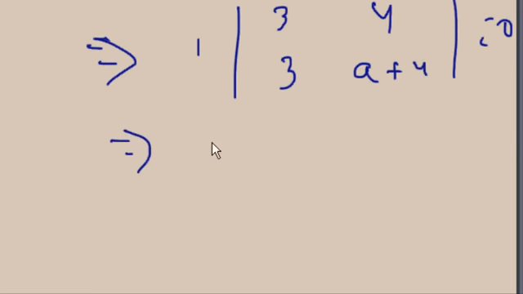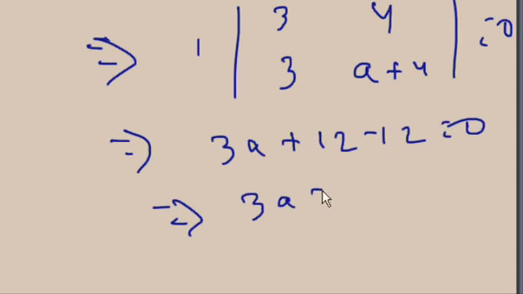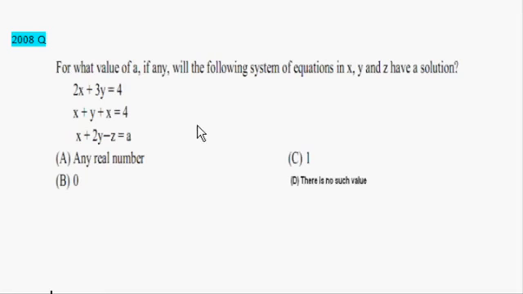This means 3A plus 12 minus 12 is equal to 0. This means 3A is equal to 0, so A is equal to 0. So A should be 0, then only you will get a solution. So B is the correct answer.